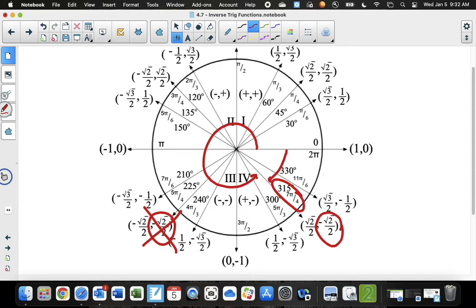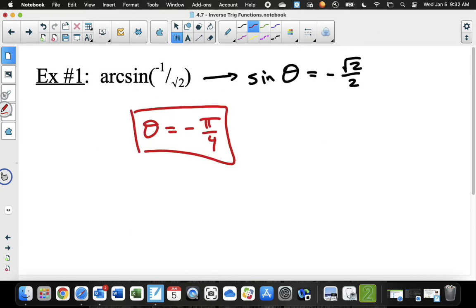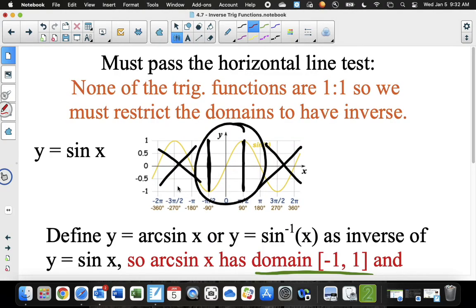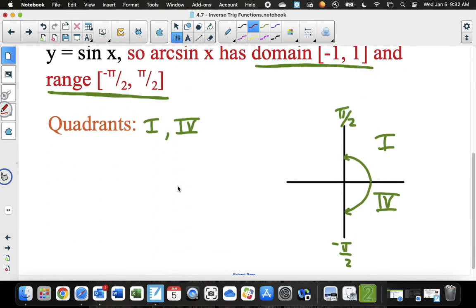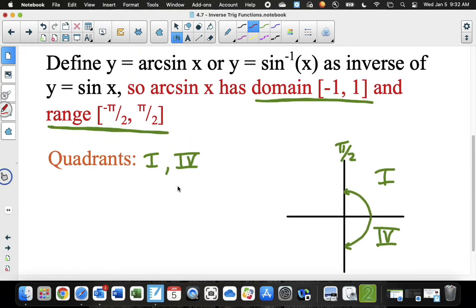One thing I'm going to have you add to your formula sheet real quickly, and I'll have you add a couple other things as we go through today, is the fact that the inverse sine, whether you write it as sine to the negative 1 or arc sine, is restricted to quadrants 1 and 4. You can only have answers in quadrants 1 or 4 when you're working with inverse sine.